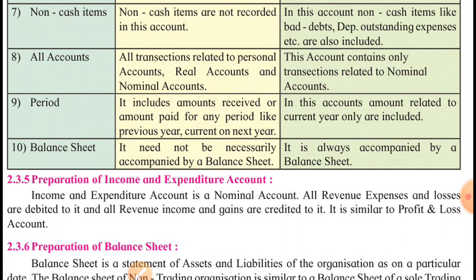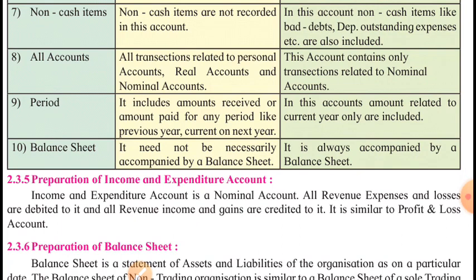All transactions related to personal accounts, real accounts, and nominal accounts: all the cash transactions, which may be related to different types of accounts, are summarized in the receipt and payment account.